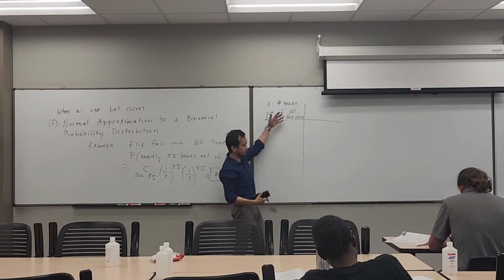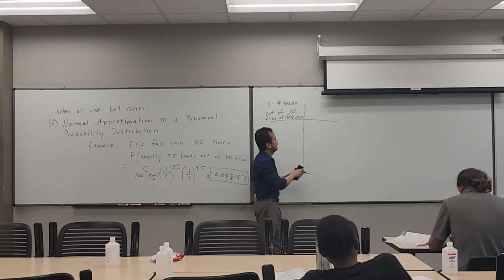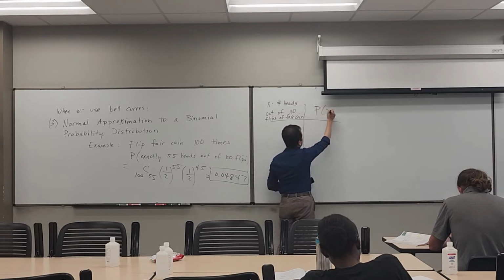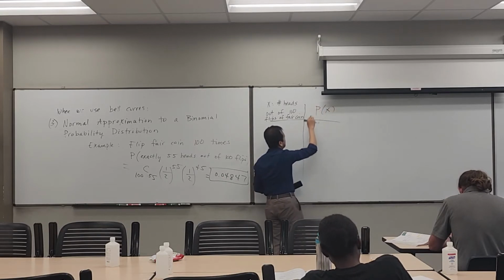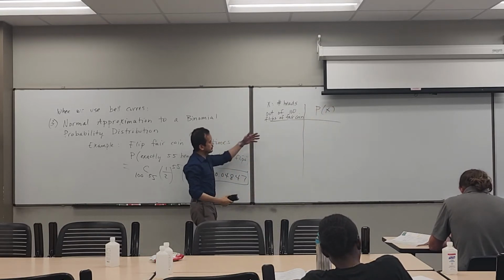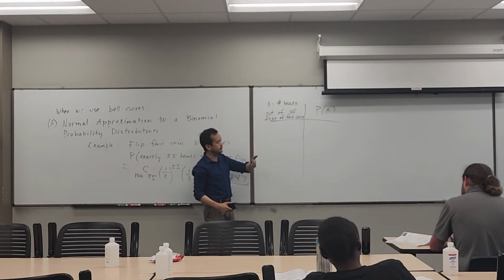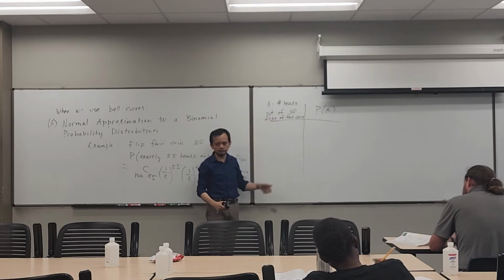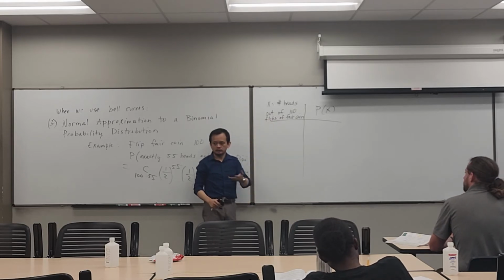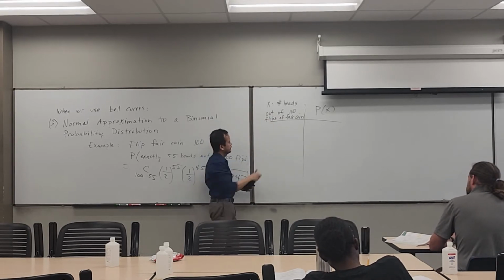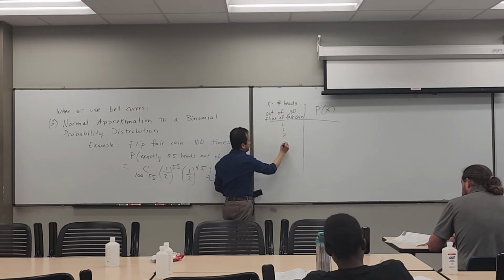One is the variable x of interest, and the other is the probability of x taking on each of its values. So if you look at the first column, what are all the possible values for that variable, representing the number of heads you could observe out of 100 flips? 0 through 100. Right? Okay. So 0, 1, 2, 3, all the way up to 100.